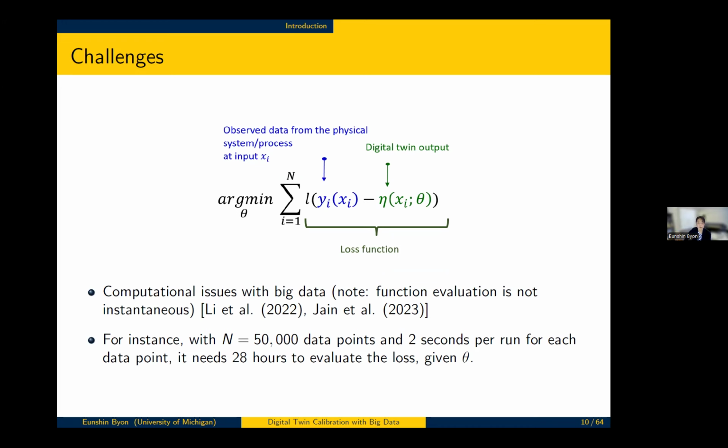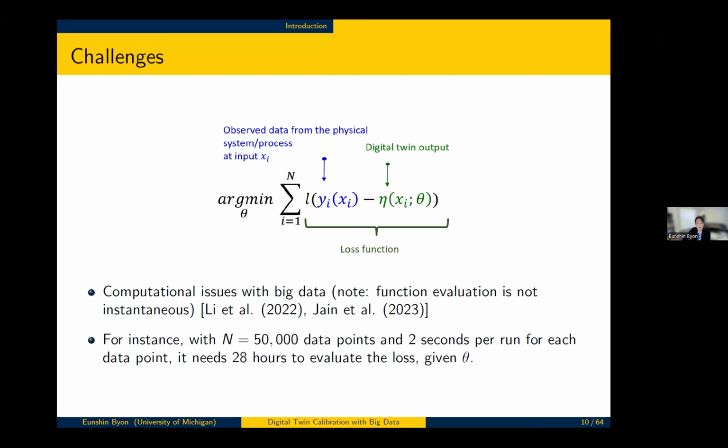To evaluate eta at one data point, like X and theta, we have to run a simulation, so it takes time. When you have a large number of data points, let's say N equals 50,000, evaluating eta 50,000 times takes a lot of computational effort. For example, if running the simulation at one data point takes 2 seconds, then this is a really computationally heavy simulation model, or digital twin model.